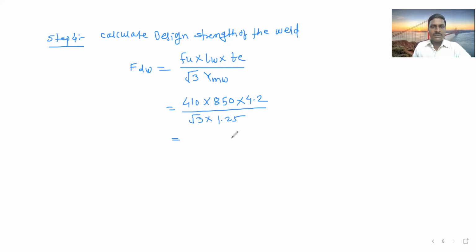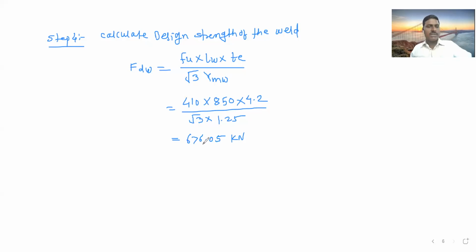Now how much strength in kilonewton? Tell me in kilonewton. 676.054. 676.05 kilonewton. Good. So this is the load carried by this particular fillet weld joint. So this is the design strength of this particular joint.